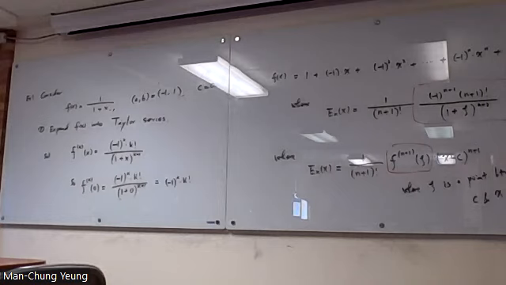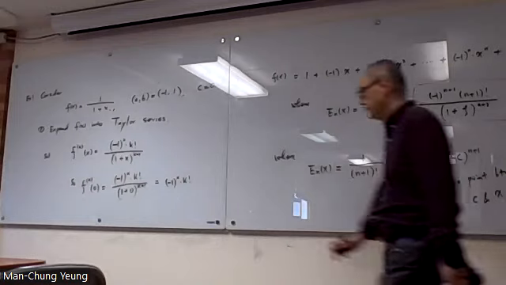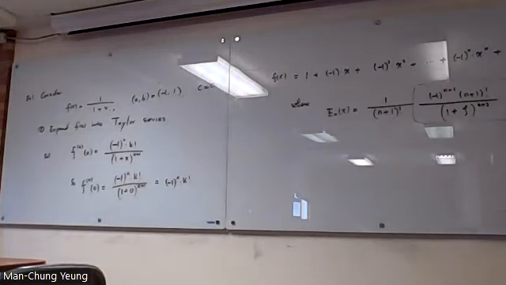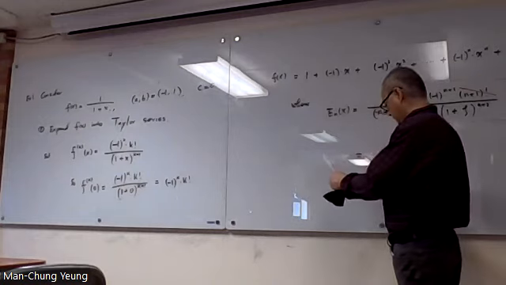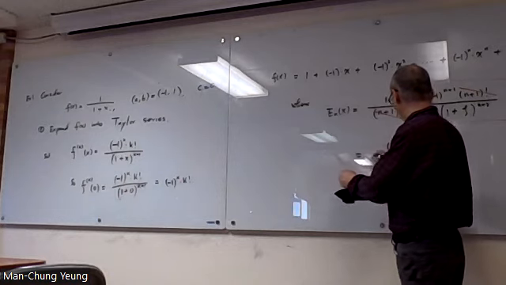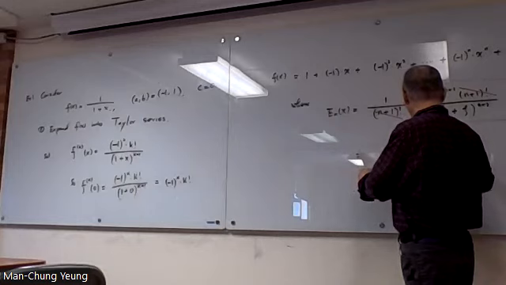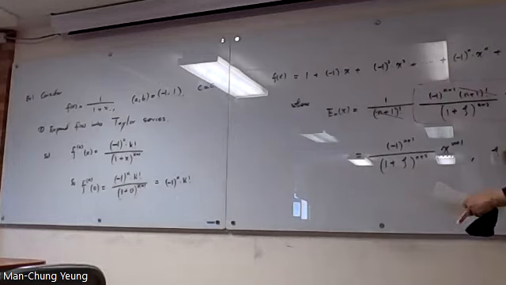Now psi is a point between 0 and x. Cancel out n plus 1 factorial. Then we have (-1)^(n plus 1) over (1 plus psi)^(n plus 2) times x^(n plus 1), where psi is a point between 0 and x.